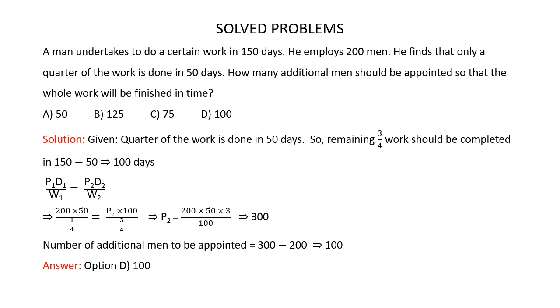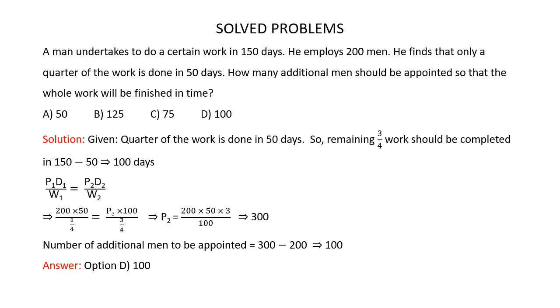On solving this, we get P2 is 300. So 300 men can complete the remaining 3/4 of the work in 100 days.